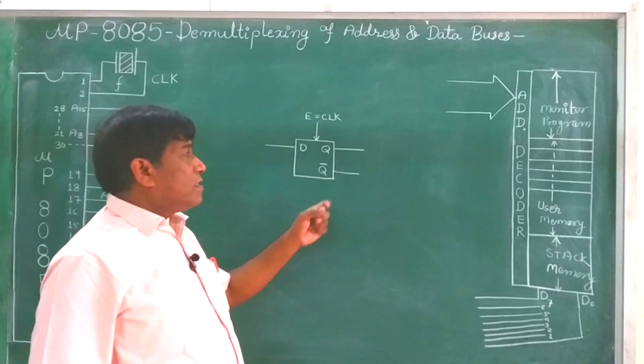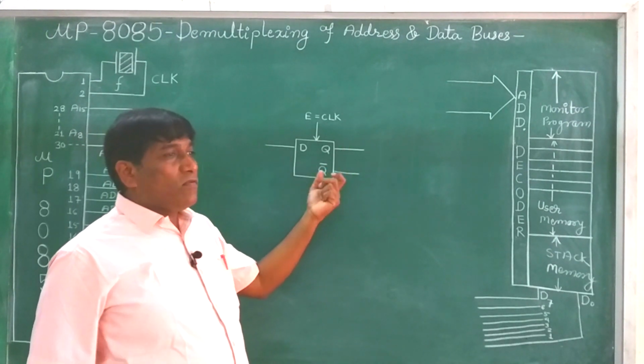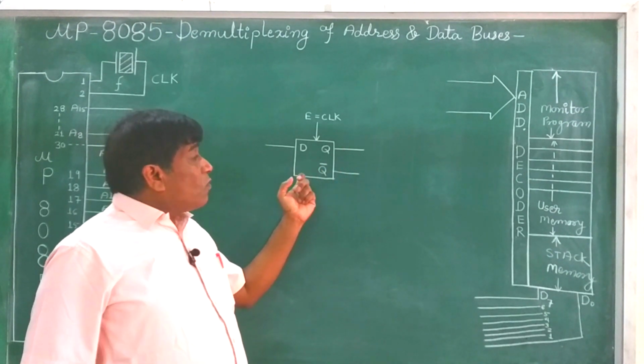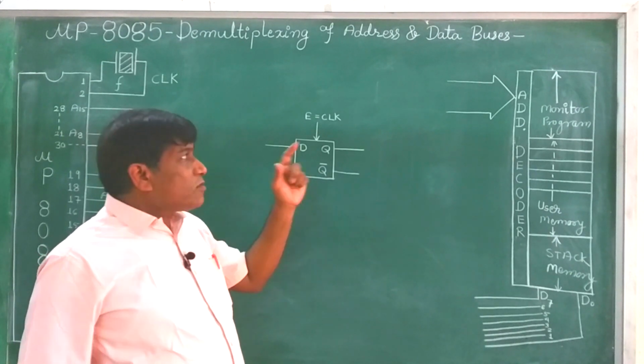Out of these two outputs we may use any one. Now what is its property? That also we must know.